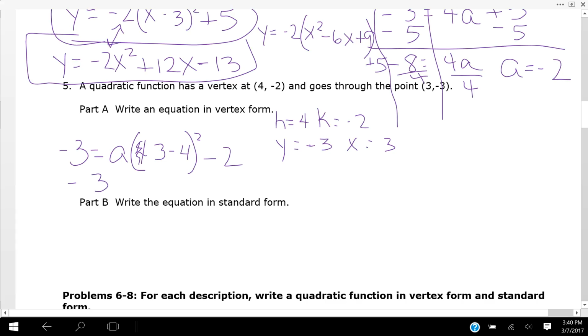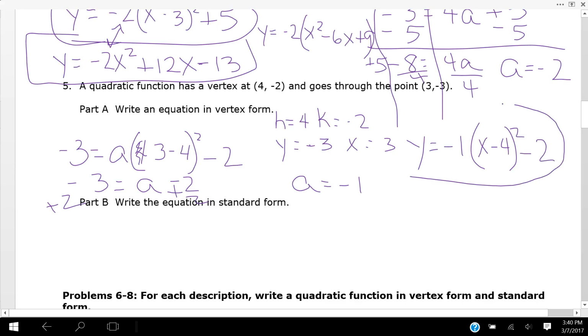3 minus 4 is negative 1. Negative 1 squared is 1. So I have a minus 2. Add 2 to both sides. A equals negative 1. Y equals negative 1 times x minus 4 squared minus 2.